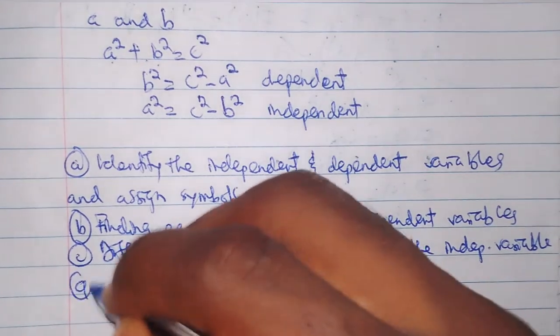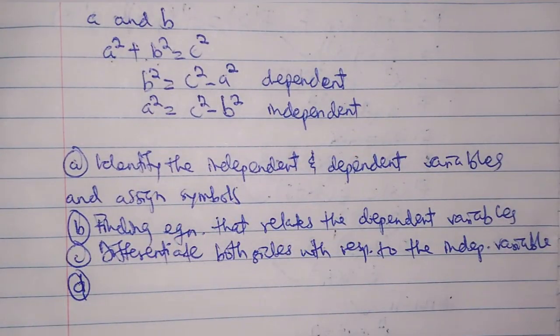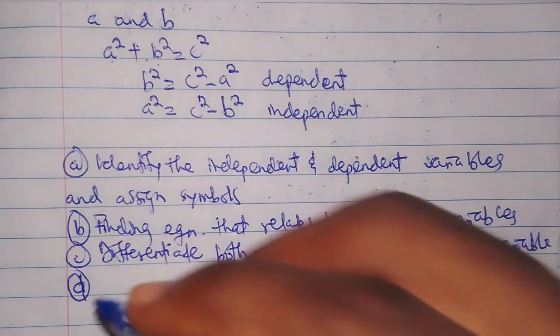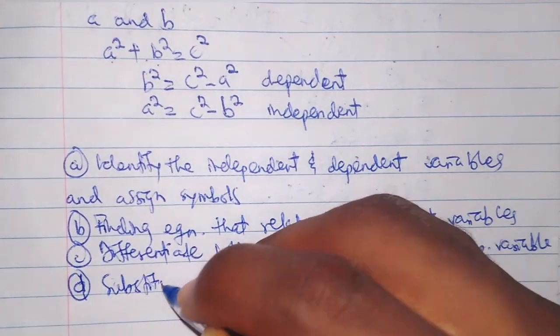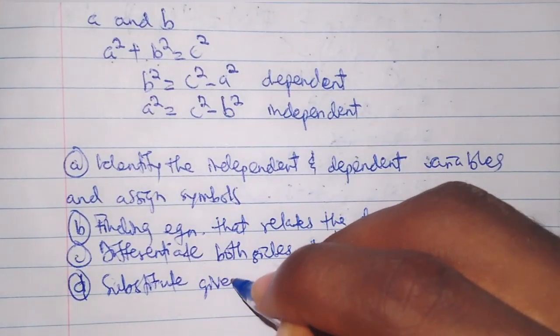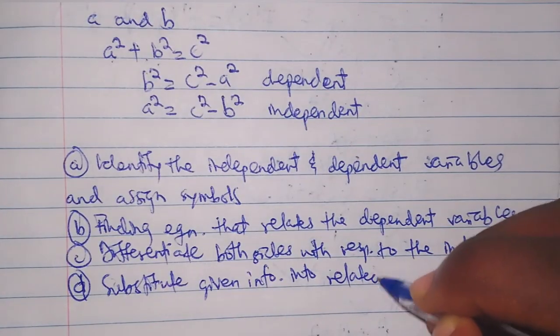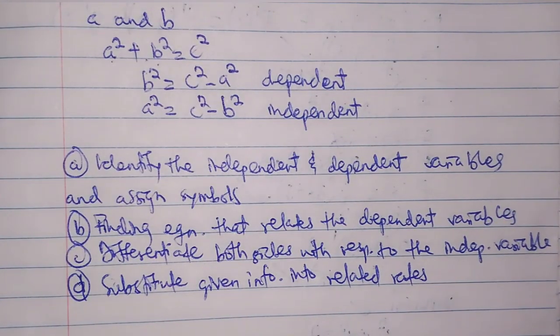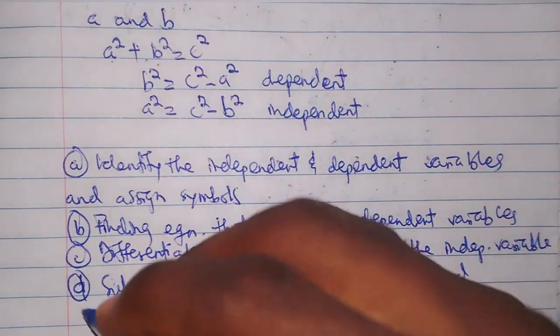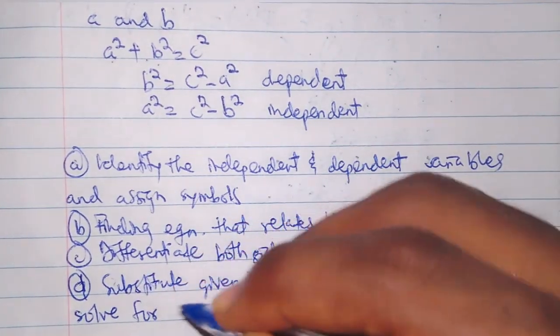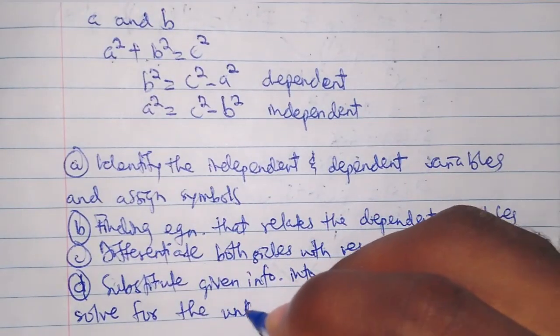Now the last step. In the question, you'll be given values, you'll be given parameters. These parameters will guide you to get a definite, particular answer. So the last thing is that you substitute the given information into the related rates equation and solve for the unknown rate.